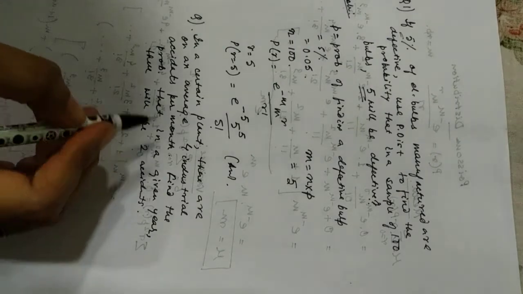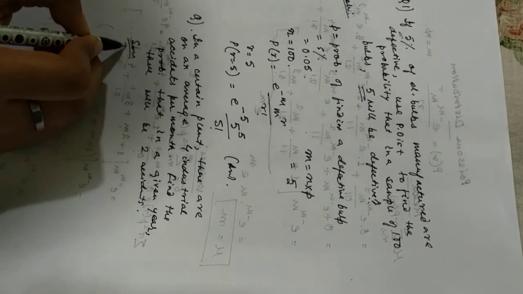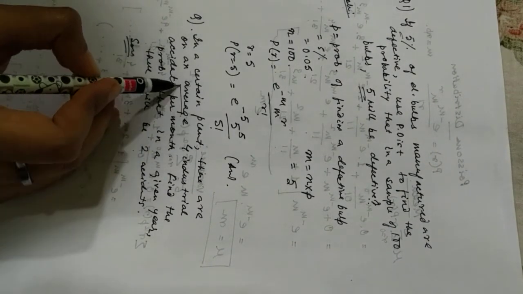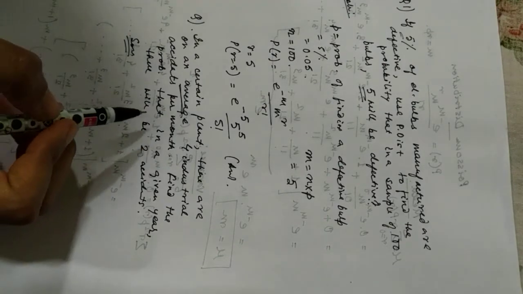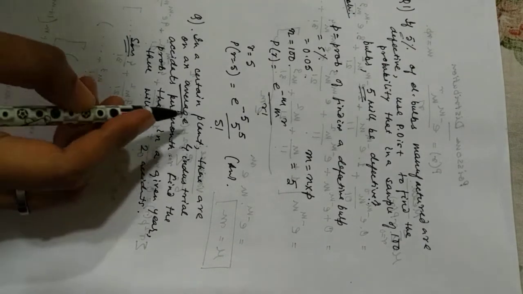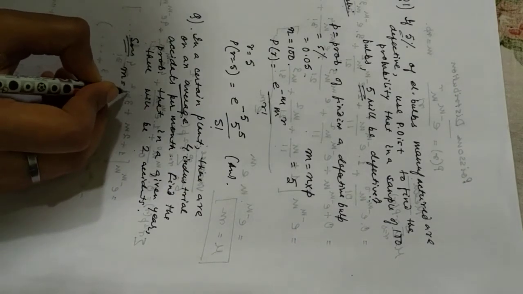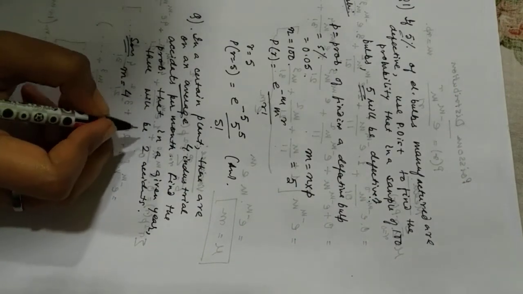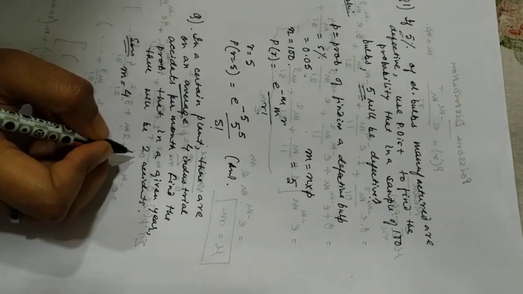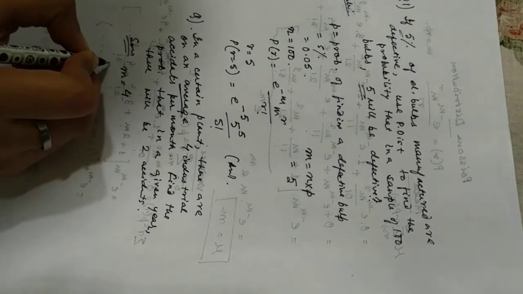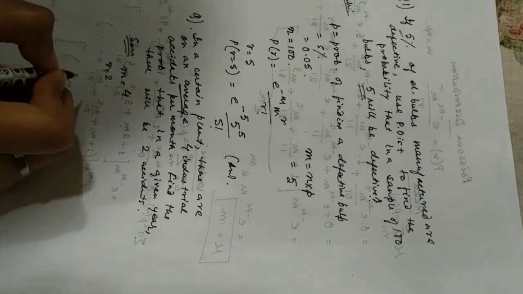Okay, so like you can see in this problem, we are given the average number of accidents per month. So this average is nothing but m. So our m is given as 4. Find the probability that in a given year there will be 2 accidents. That means the random variable will take value 2.